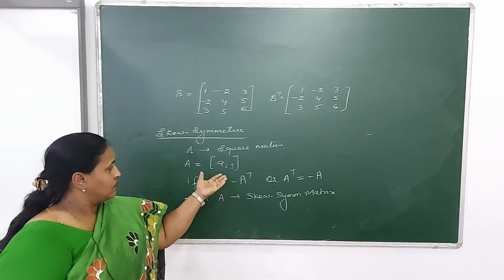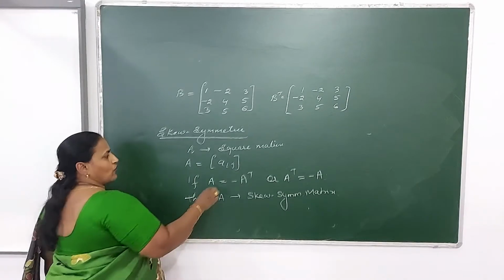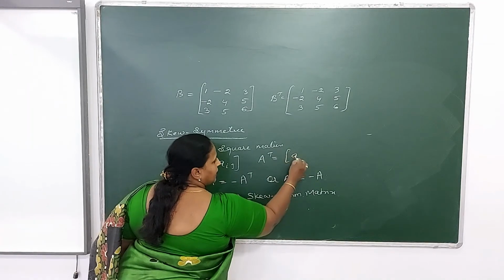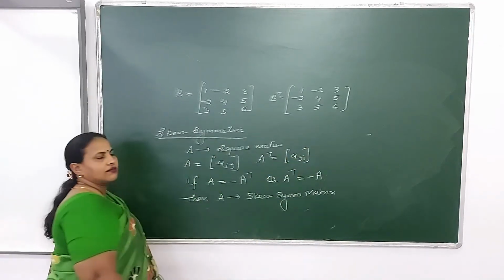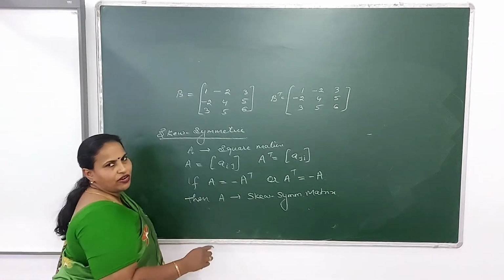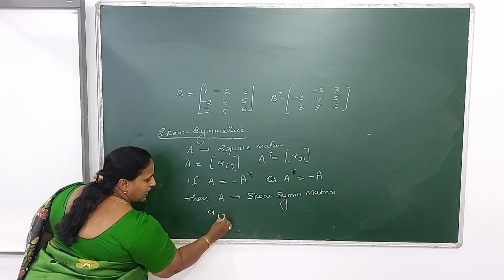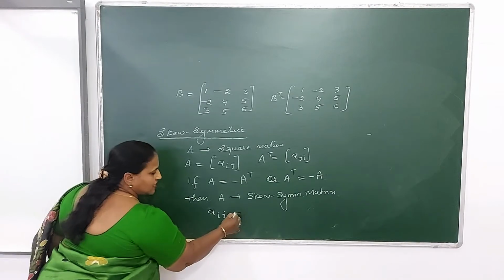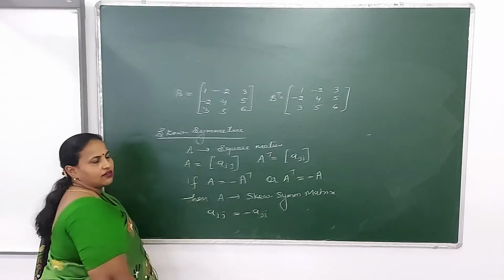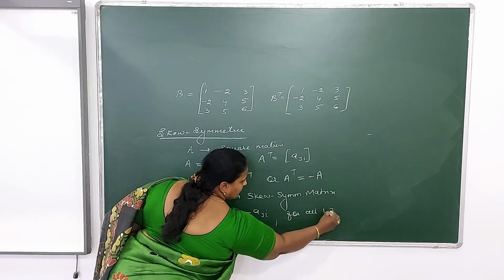Okay, let us see some more conclusions here. A is Aij. What will be the transpose of this? Transpose of this will be Aji. Now, as per this condition, A is equal to minus of A transpose, you can write Aij is equal to minus of Aji for all i, j.